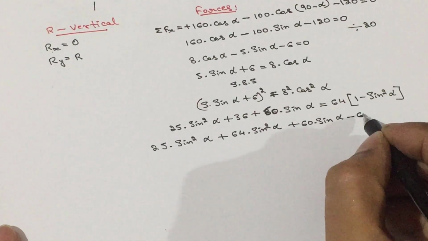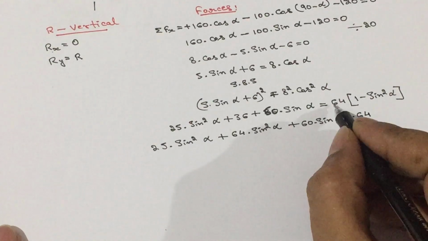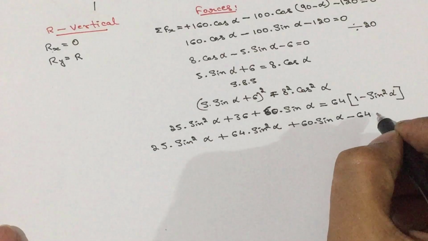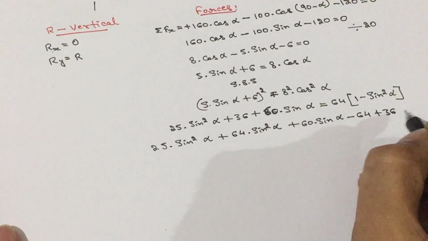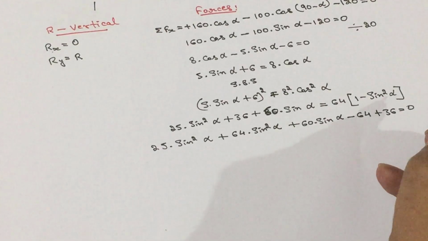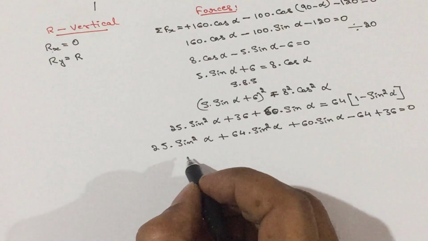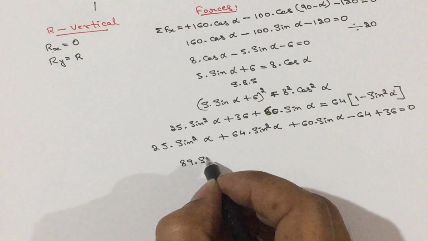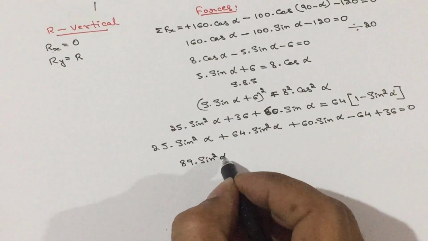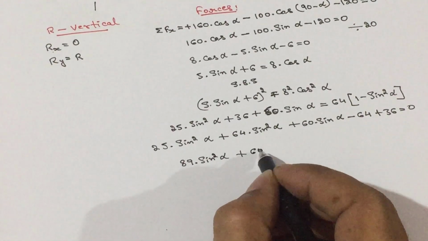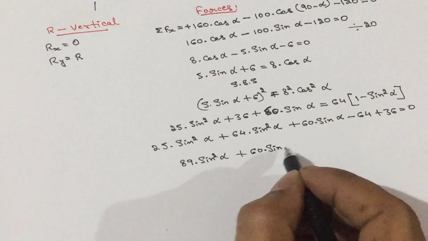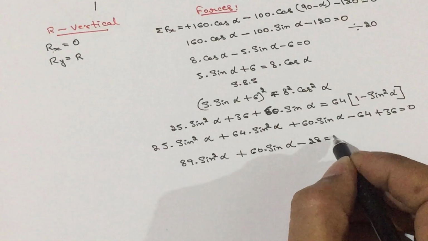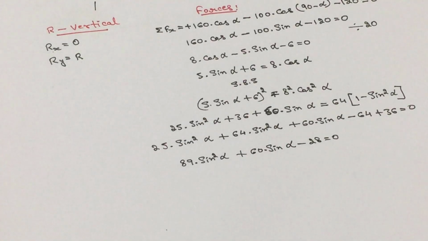Then plus 64 comes this side, it will become minus 64 plus 36, that should be equal to 0. You are going to get the equation as 89 sine square alpha plus 60 sine alpha minus 28 equal to 0.